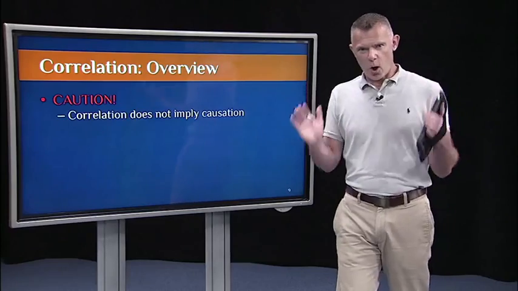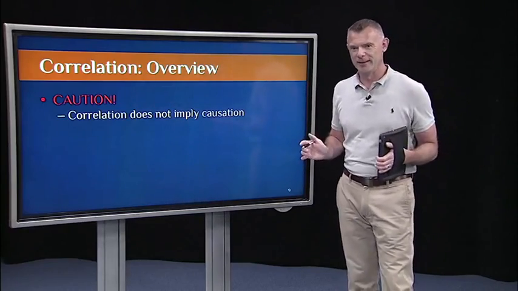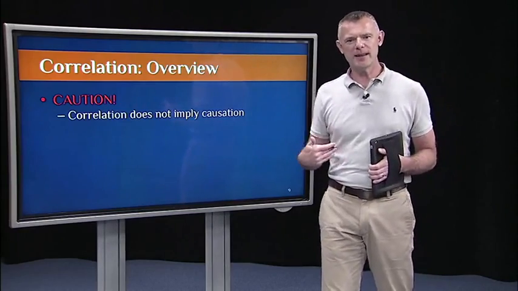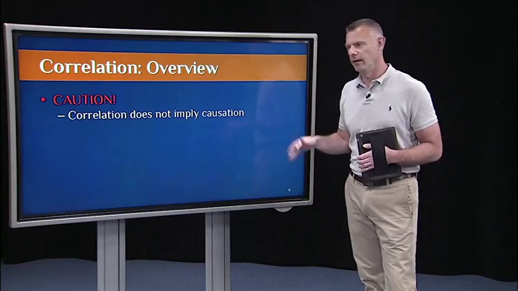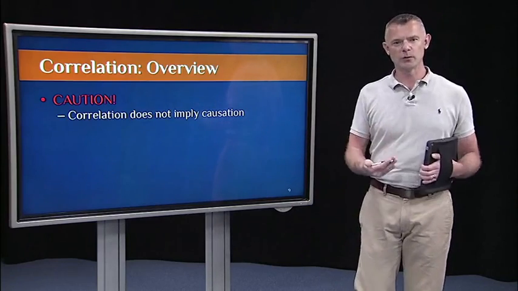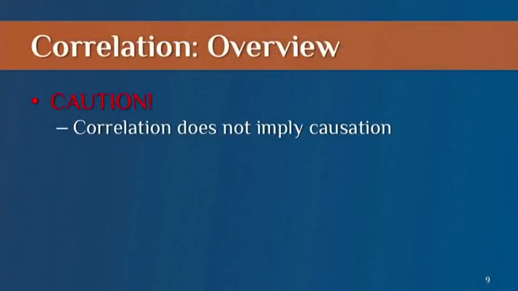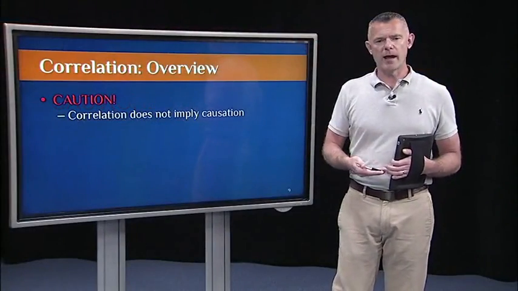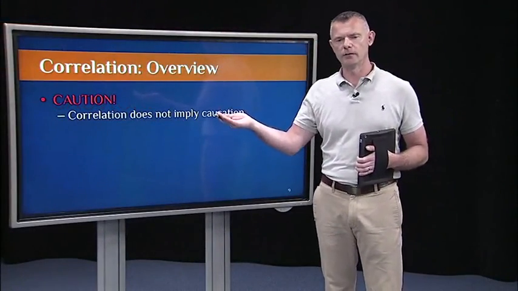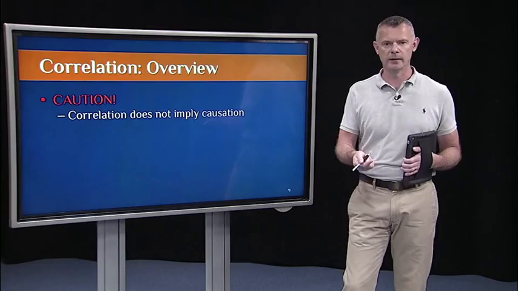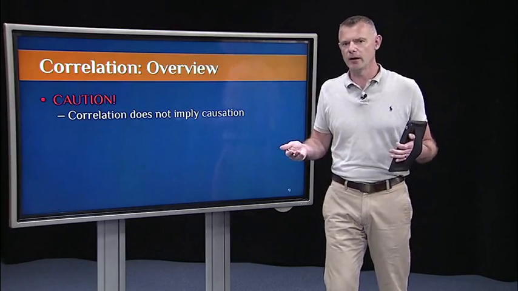Now, here's where all the cautionary notes and tales come in. The first one is one that you've all heard before, but to me, it's not really the most important one. I put it first because I know most people are familiar with it. We know that correlation does not imply causation. Well, let's unpack that. What does that mean? It means that working memory capacity doesn't cause intelligence, and likewise, intelligence doesn't cause working memory capacity. There could be intervening variables.